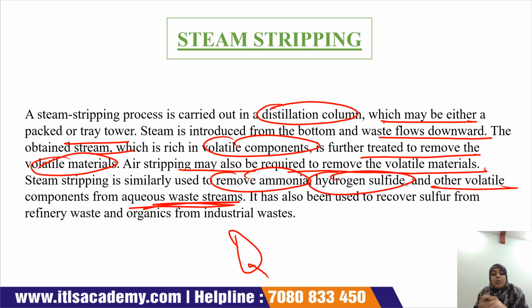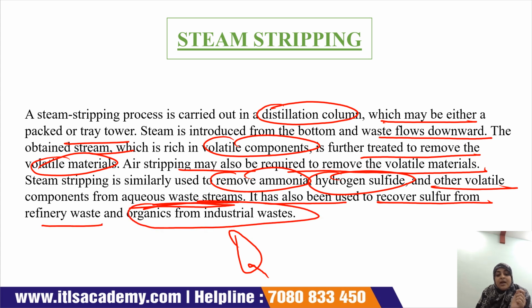If we have an aqueous waste stream, then for removing ammonia and hydrogen sulfide, we use steam stripping. It has also been used to recover sulfur from refinery waste and organics from industrial waste. For the removal of sulfur from the refinery waste and organics from the industrial waste, we use steam stripping.